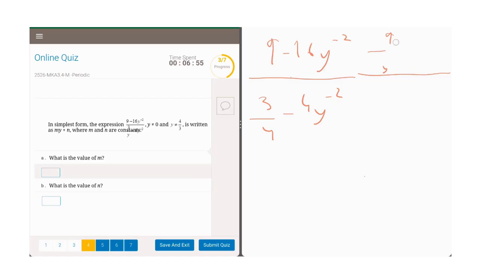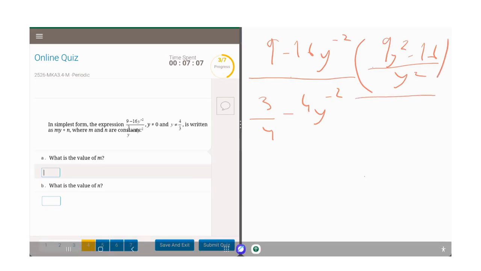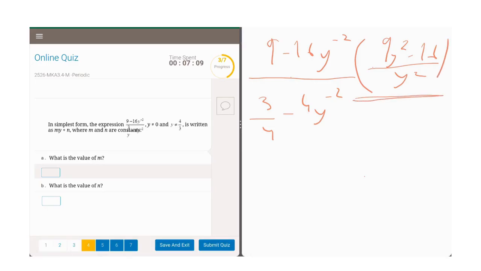Let's rewrite it. We have 9y squared minus 16 over y squared. That's a small fraction. And then we have the denominator as well. We have 3 over y minus 4 over y squared. So for y to become y squared, we multiply by another y. So we can rewrite this part as 3y over y squared.